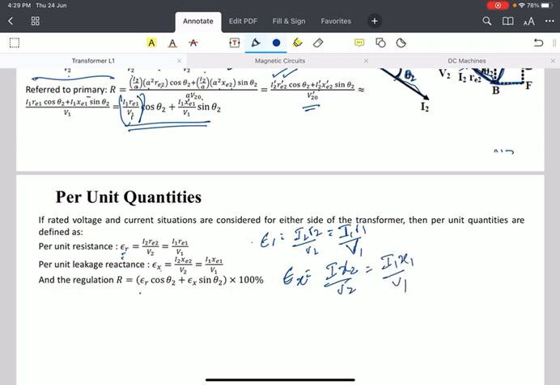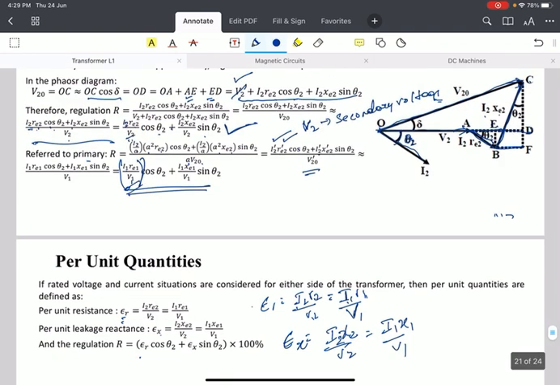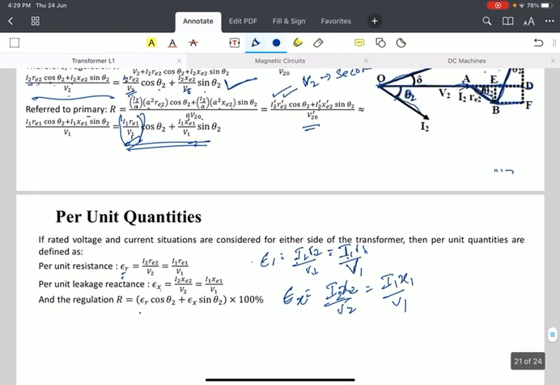So the regulation can also be found. We know that I2R2 divided by V2 is equal to I1R1 divided by V1, and I2X2 divided by V2 is equal to I1X1 divided by V1. So we can substitute these values as epsilon R and epsilon X. Therefore the regulation will be equal to epsilon R cos theta 2 plus epsilon X sin theta 2, and the percentage regulation will be epsilon R cos theta 2 plus epsilon X sin theta 2, into 100.